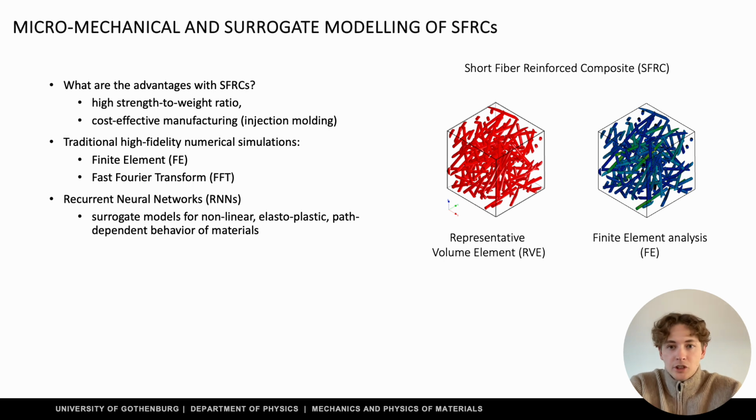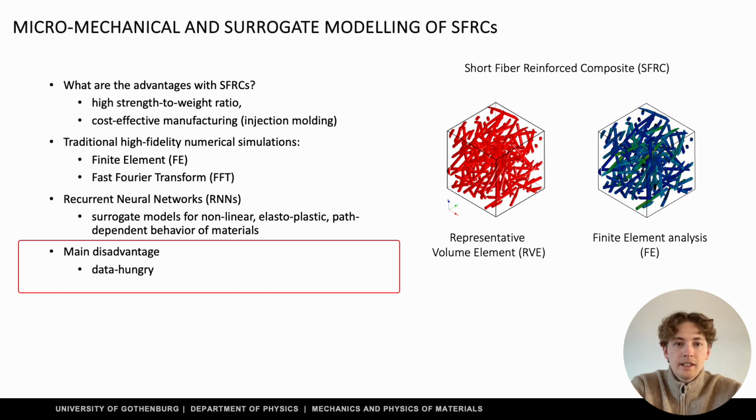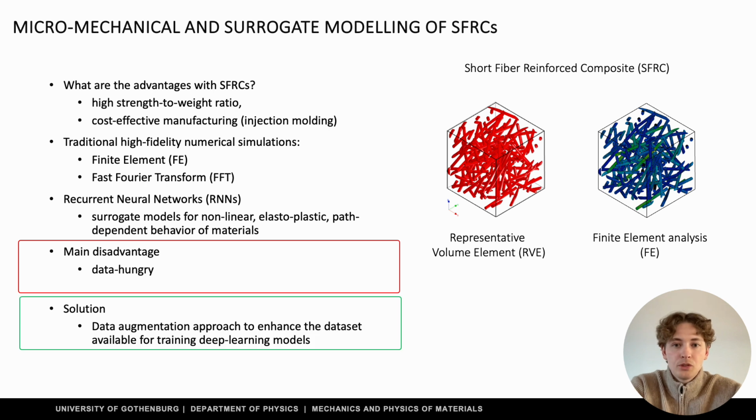This needs to be recurrent since there's a history of plastic deformation in the material. The disadvantage of using an RNN as a surrogate model is that they are data hungry, requiring extensive datasets for accurate training. In order to address this problem, we propose using data augmentation.